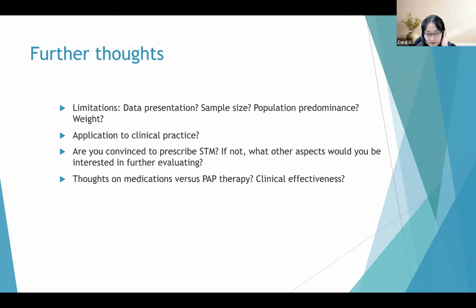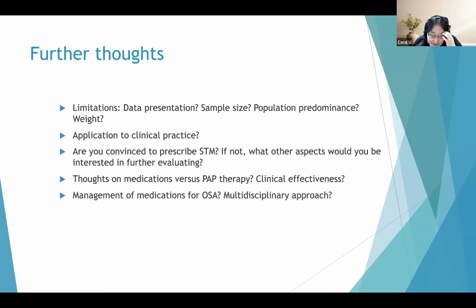And to that point, I also found it interesting how they excluded patients with central sleep apnea for this study. Yep. And a last question that I was interested in discussing with these medications: with sulthiame being an anti-epileptic medication and Zepbound being the diabetic medication, what are our thoughts on prescribing it versus managing it in the long term?